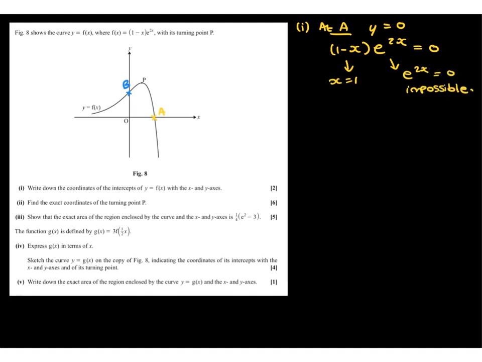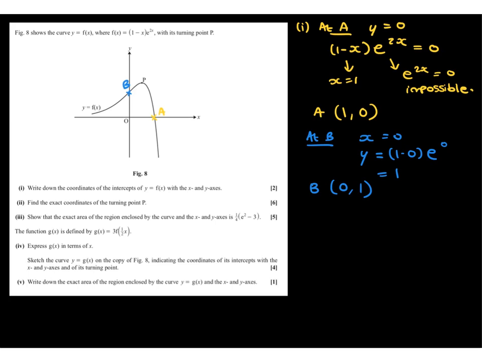An exponential function cannot equal 0. So x is equal to 1. So at A, we have the coordinate 1, 0. Now B, a little bit simpler, we just know that x is equal to 0, so y is equal to 1 minus 0, e to the 0, which is just 1. So B has coordinates 0, 1.